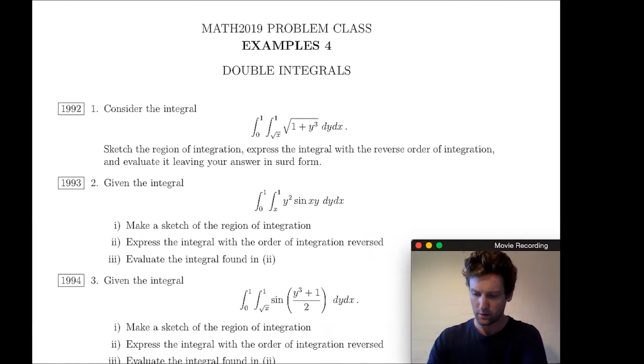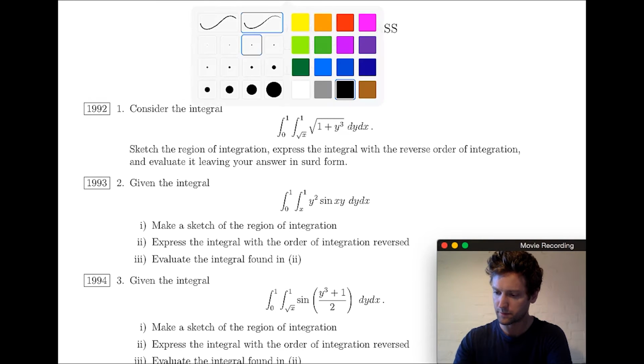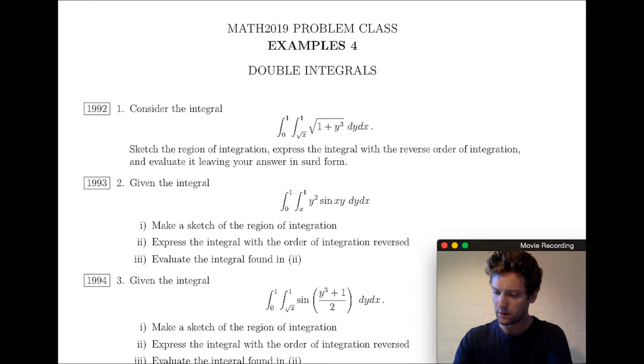Let's start with problem 1. In this problem, we're looking for the integral from 0 to 1 of... As usual in these problems, we have to calculate the region of integration.